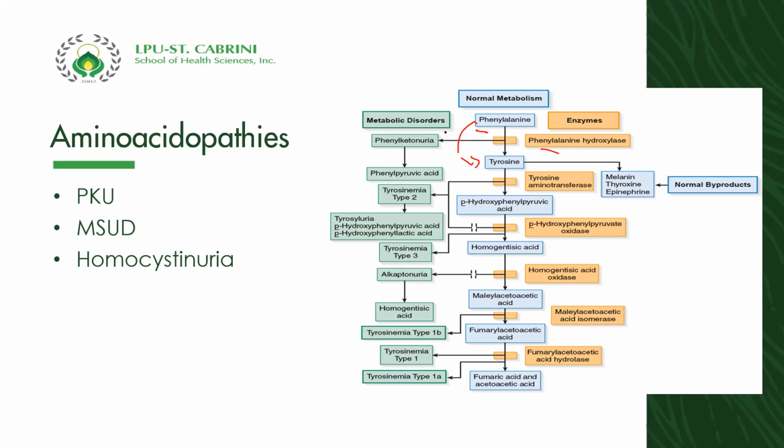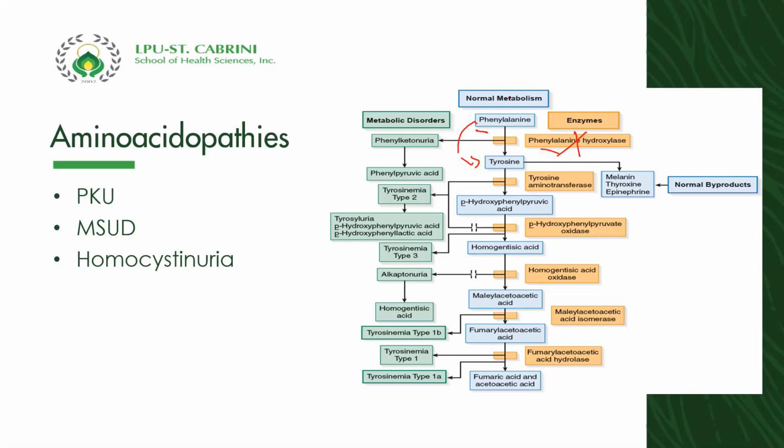Going back, phenylalanine in a normal state will be converted into tyrosine through the help of the enzyme phenylalanine hydroxylase. In a scenario where phenylalanine hydroxylase is deficient, there will be accumulation of phenylalanine. Accumulation of phenylalanine will lead to overflow. Why is there an overflow?